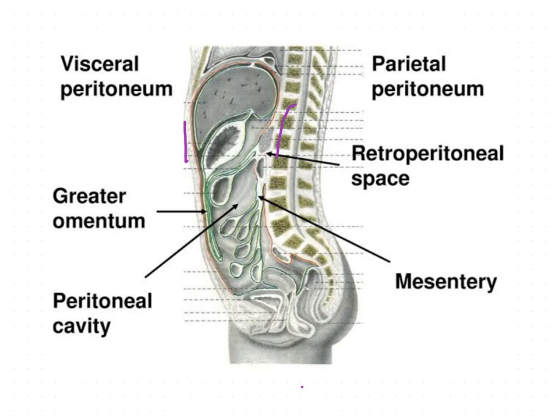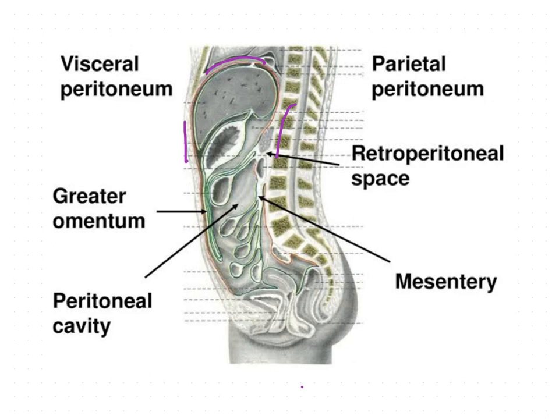You can find this red line, which is the parietal layer covering the inner lining of the abdominal wall and, superiorly, below the diaphragm. And the green line is the visceral peritoneum.